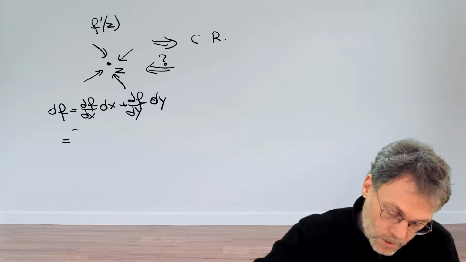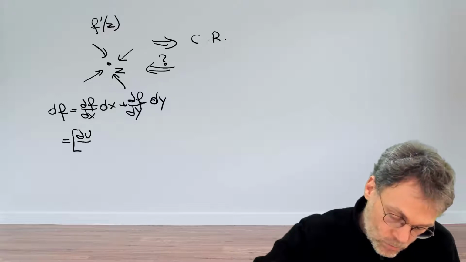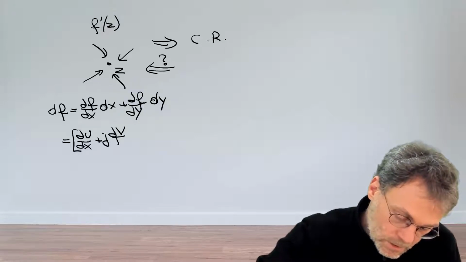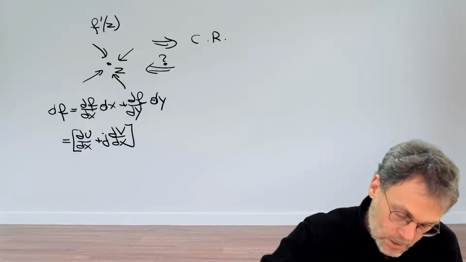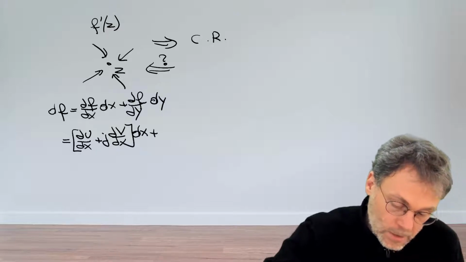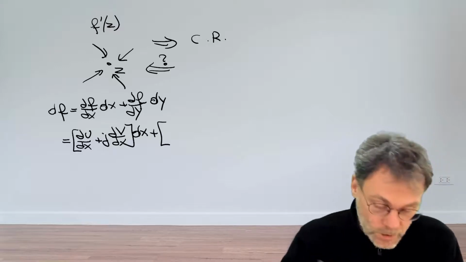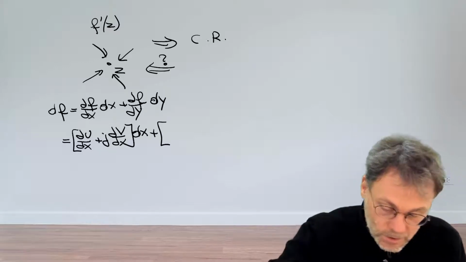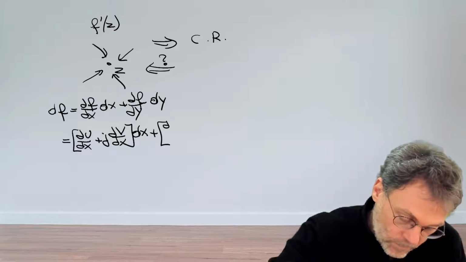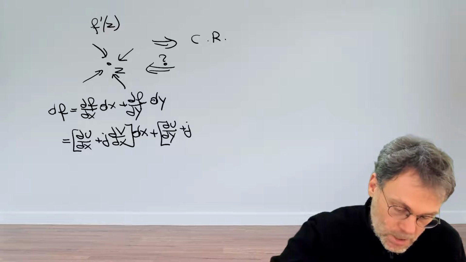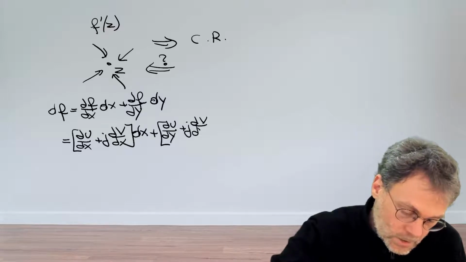So now we can write this as du dx plus j dv dx. And then something similar for our second term when we take the partial derivative with respect to y. So f is u plus jv, so we have du dy plus j dv dy.